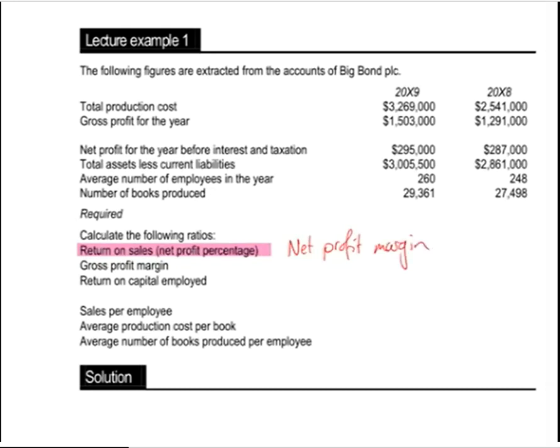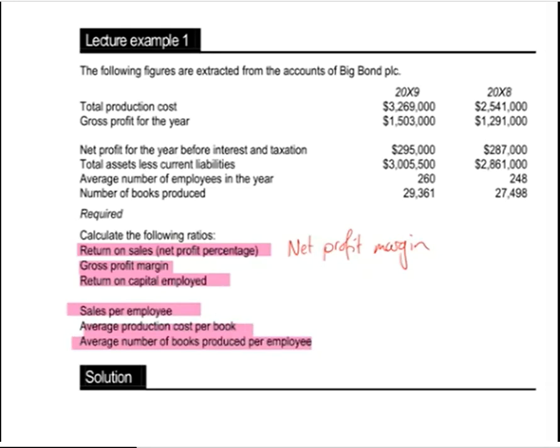We're also asked for the gross profit margin and the return on capital employed. 3 of our standard ratios. In addition to those standard ratios, we also have some non-standard ratios: sales per employee, average production cost per book, and average number of books produced for each employee.